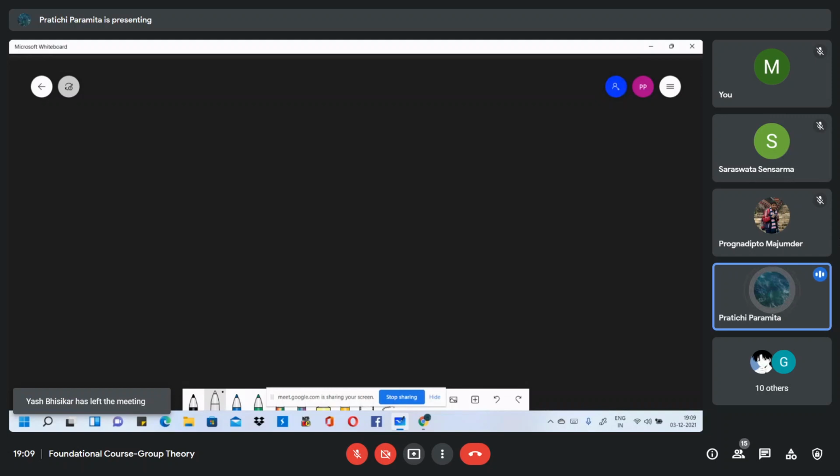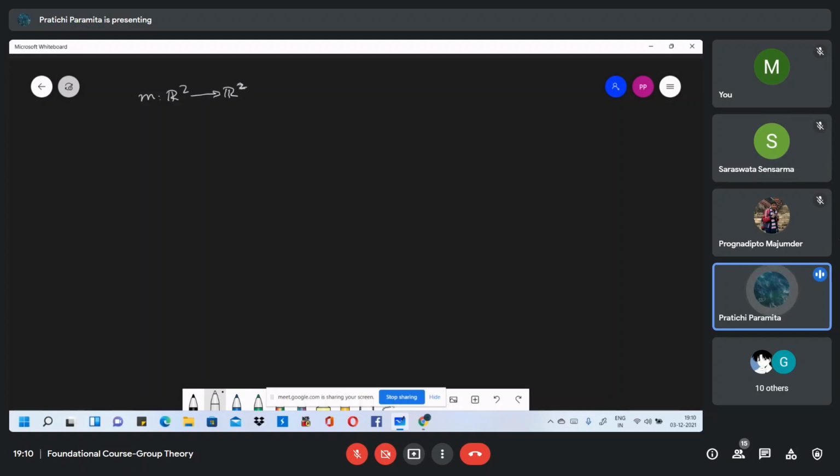The dihedral groups are basically talking about a rigid motion. So I'll first talk about something called a rigid motion. A rigid motion is a distance preserving map. Suppose M from R2 to R2 is a map.